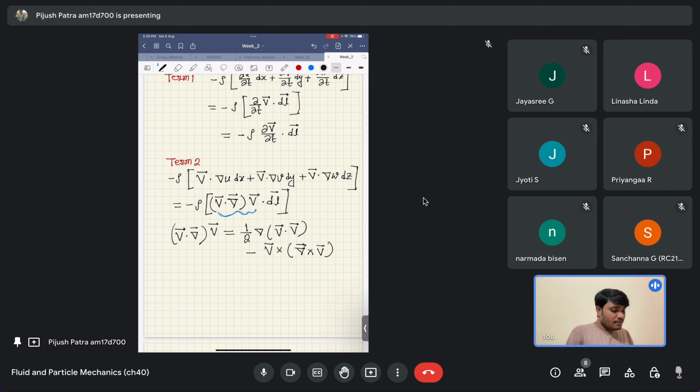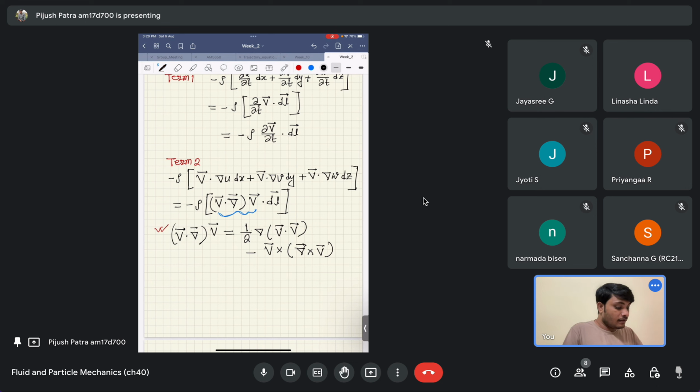It is very easy to prove this relation, this is a typical vector identity, there is nothing wrong in this.